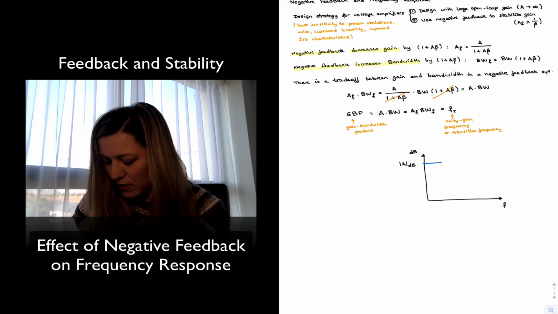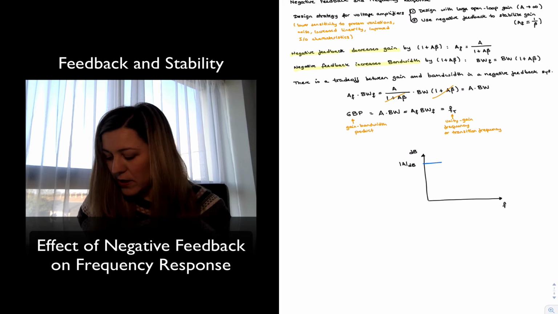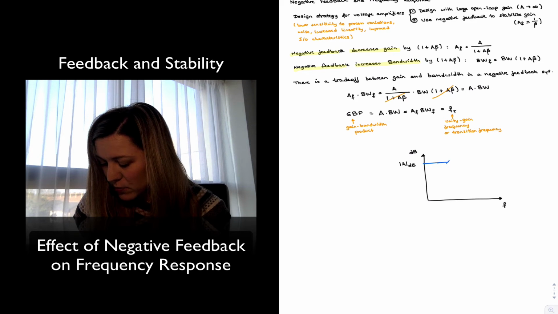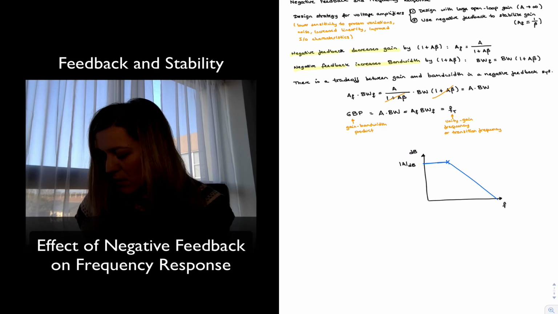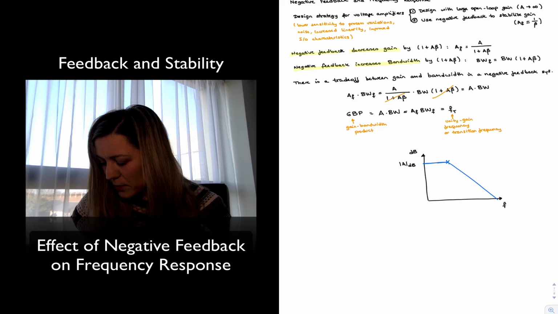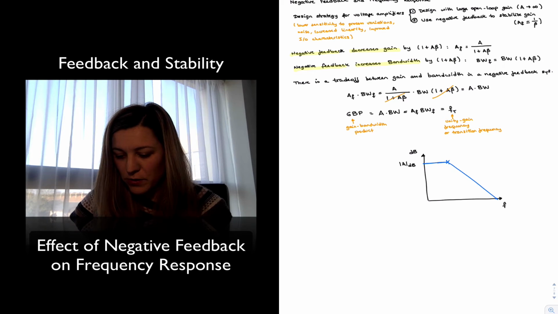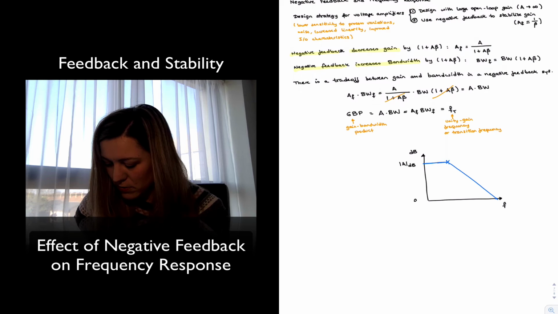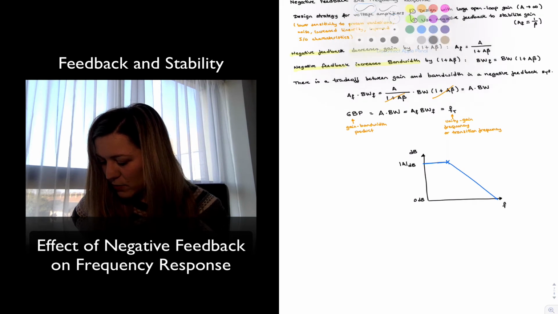Basically, I will have that my gain remains constant within the bandwidth of the amplifier, and then at some point there is a pole and my gain falls off at the rate of negative 20 dBs per decade if we are talking about a single pole system. And then at some point that gain of the amplifier, that magnitude response, is going to reach unity or 0 dBs. That frequency is what's termed the f_T frequency.